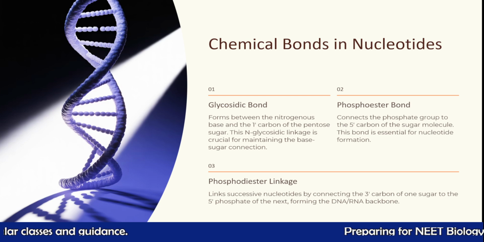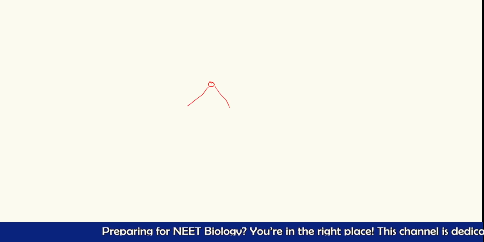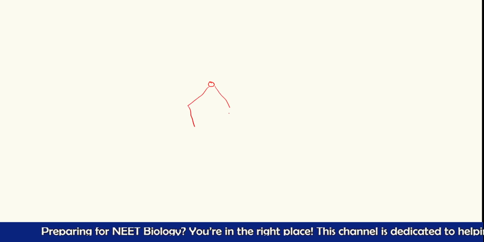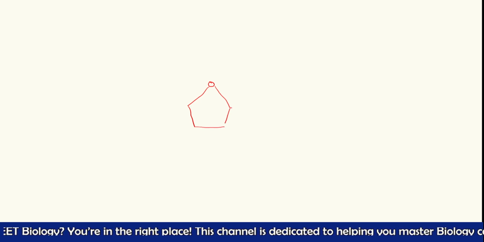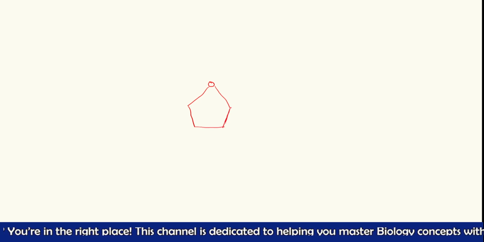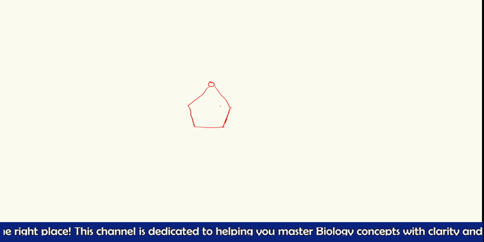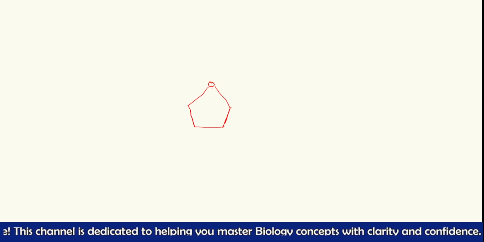So let's study the structure, how to make the nucleotide. I have told you there is a furanose ring form. There are two ring forms in the case of carbohydrates: the pyranose form and the furanose form. For the pentose sugar, you can see the furanose form.